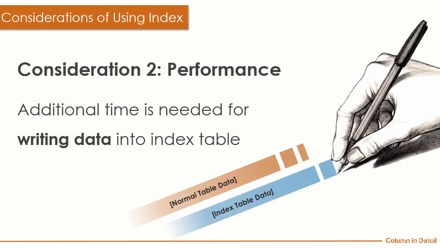The second consideration is the performance. If you write data into the table, it doesn't just write to the table you define, it also needs to update or insert the data in the index table in order to make sure that when you search the data, it gets the accurate result.